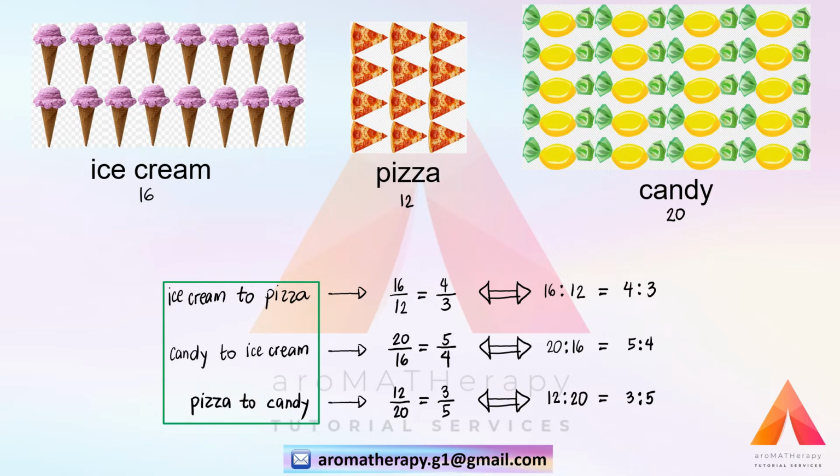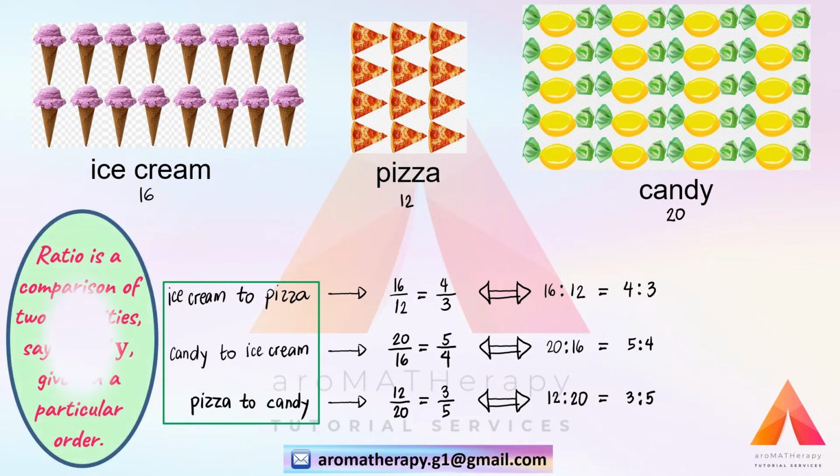So ratio is a comparison of two quantities, say x and y, given in a particular order. So when we talk about ratio, meron talaga siyang order. Say for example, this one, ice cream to pizza, 4 is to 3. Pero pag sinabi kong pizza to ice cream, nagiging 3 is to 4 na yan. Bakit? Kasi nga, dapat mauna si first quantity. Okay.